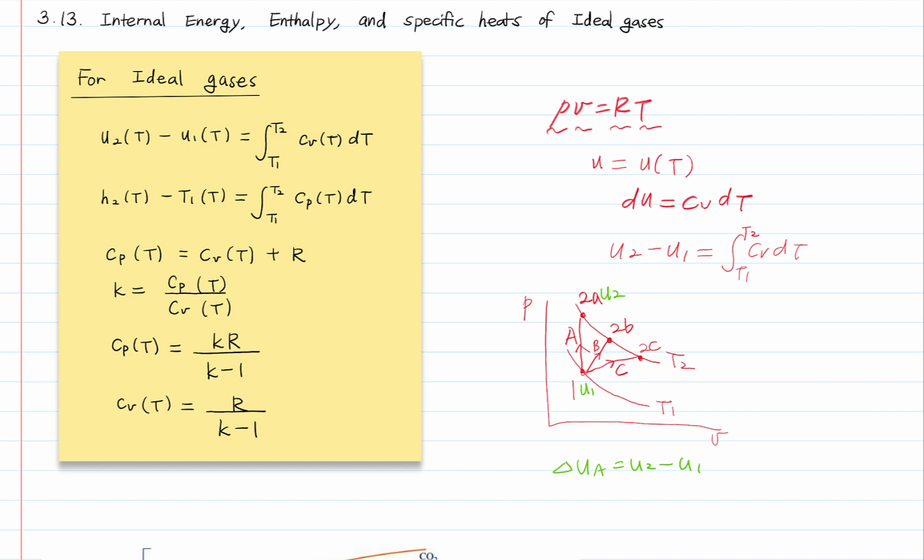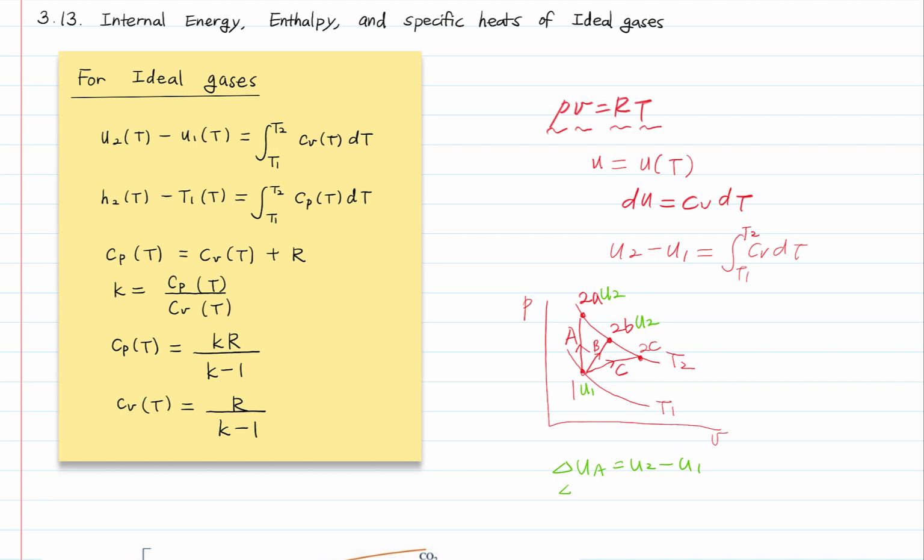Now take a look at process B. First of all, it's not a constant volume process. The internal energy at state 1 is U1. The internal energy at state 2B is still U2, since the internal energy is a function of temperature only, and temperature at state 2B is T2.